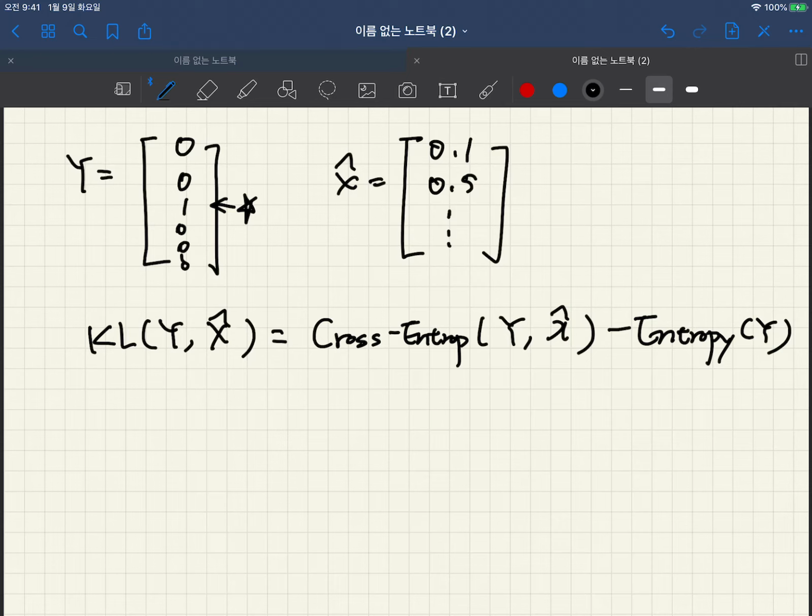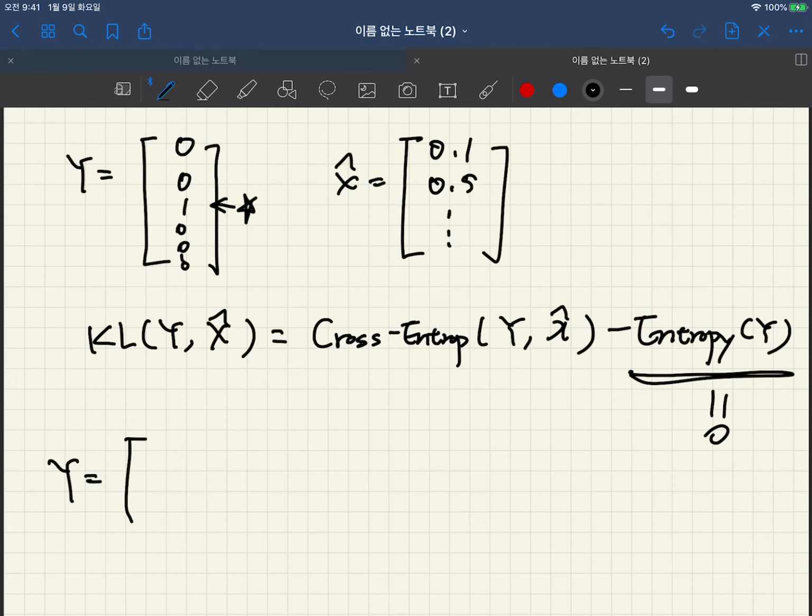In this case, the entropy of y is equal to 0. When your random variable is deterministic, the entropy is equal to 0 from the definition. When your probability vector is one hot encoded, then the entropy is always 0. Okay? So the KL divergence is equal to the cross entropy in this case.